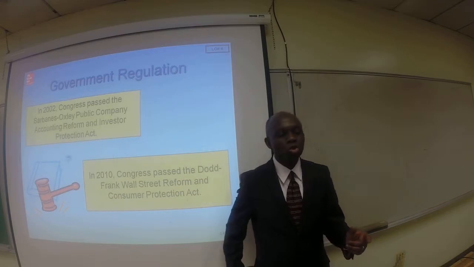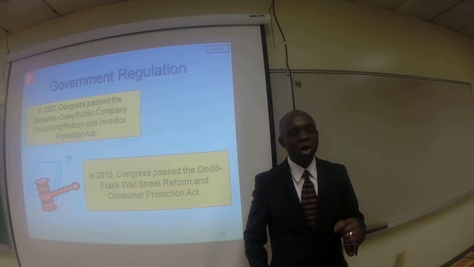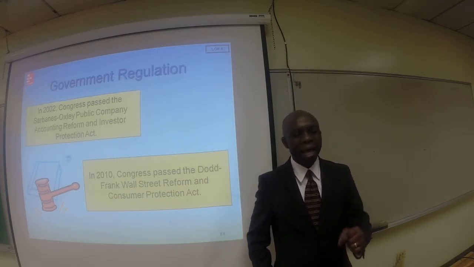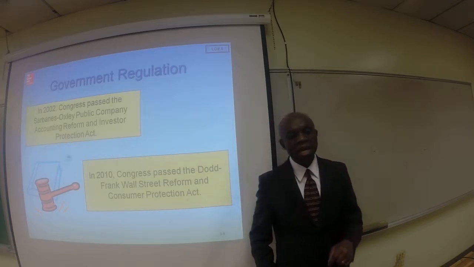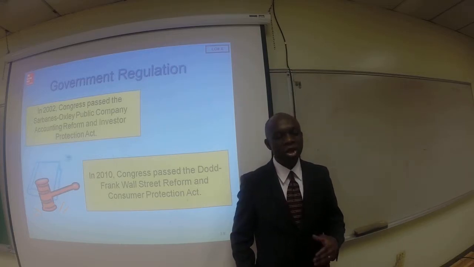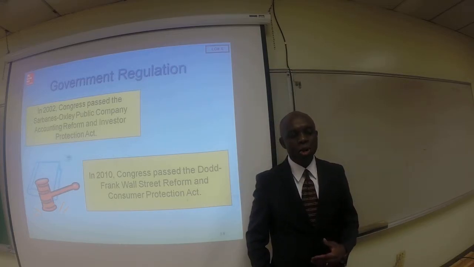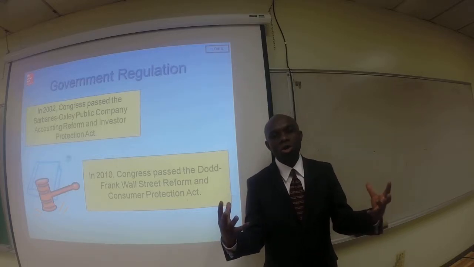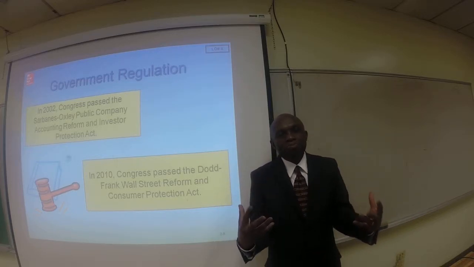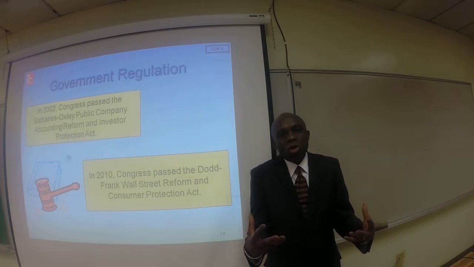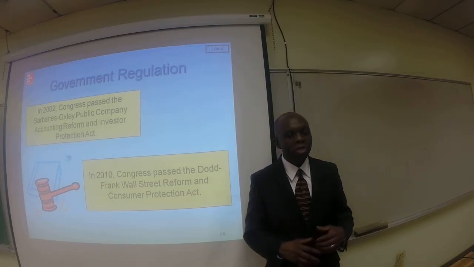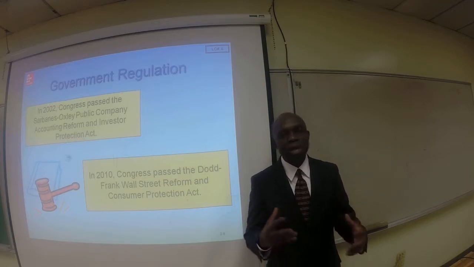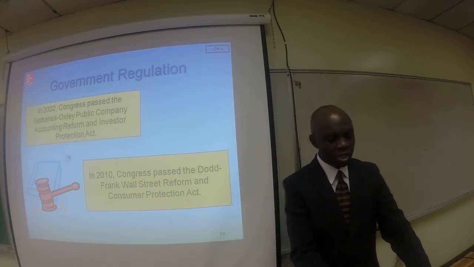So in 2002, Congress passed the Sarbanes-Oxley Public Company Accounting Reform and Investor Protection Act. And in 2010, Congress again passed the Dodd-Frank Reform and Consumer Protection Act. So these laws were brought into existence not only to regulate publicly traded companies, but they put into place a lot of safeguards or measures to actually protect the public.